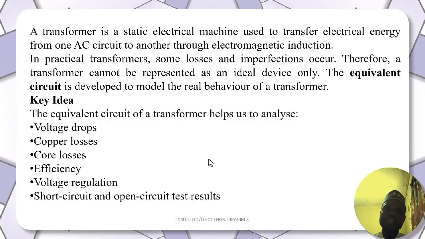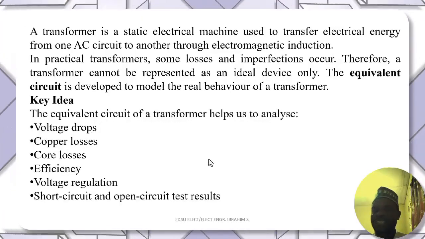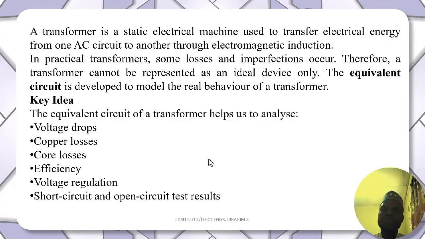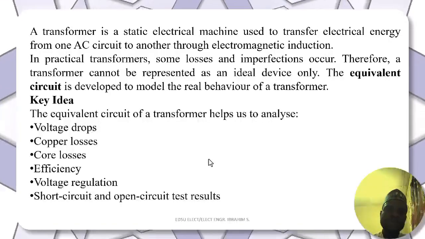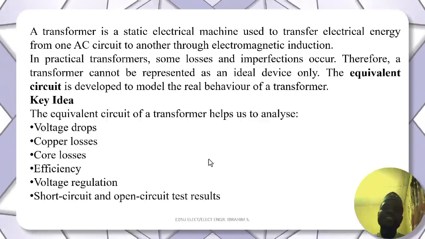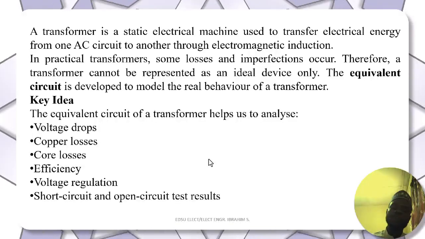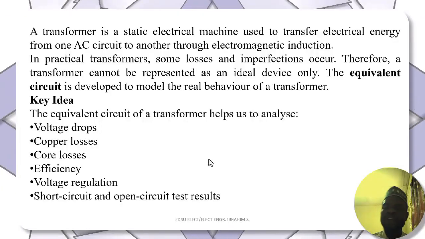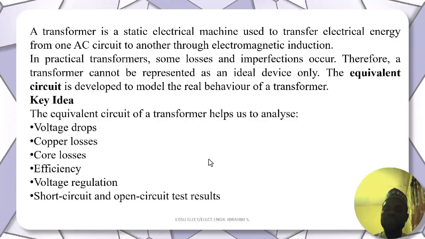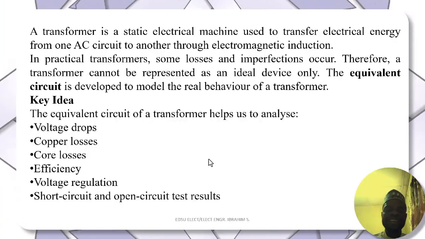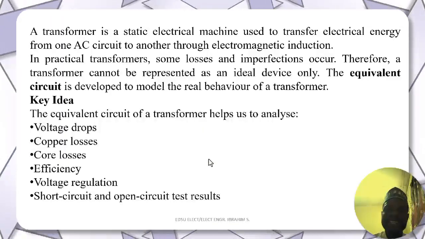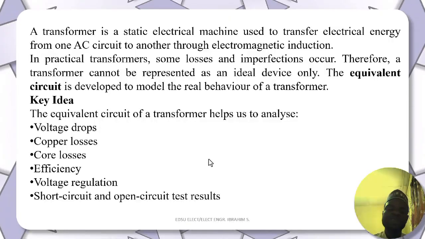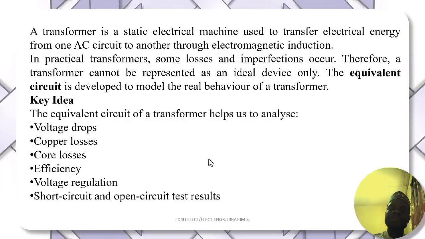Then in practice, we know transformers are not perfect. There's no machine that is perfect. Some losses must be incurred. Therefore, a transformer cannot be represented as an ideal device only. Even when we talk about an ideal transformer, we say there's no copper loss, no core losses, no iron losses. But in reality, there must be losses in a transformer, because even when you are using your transformer, with time it becomes hot.